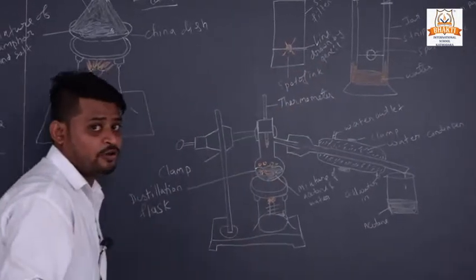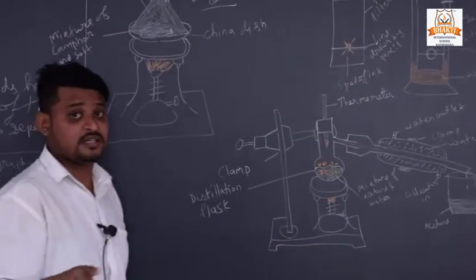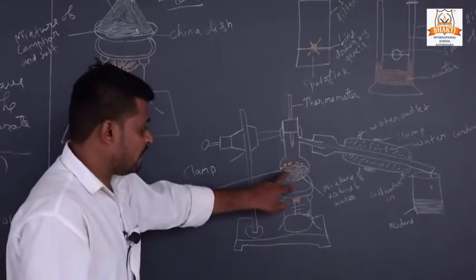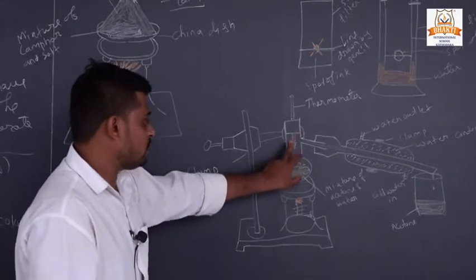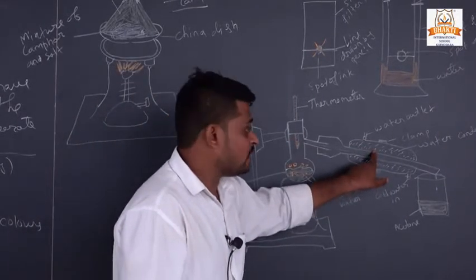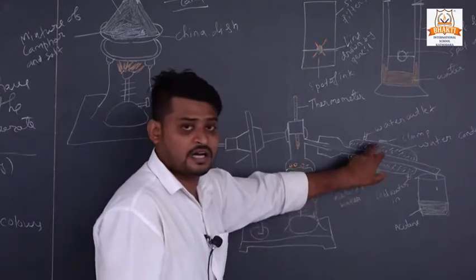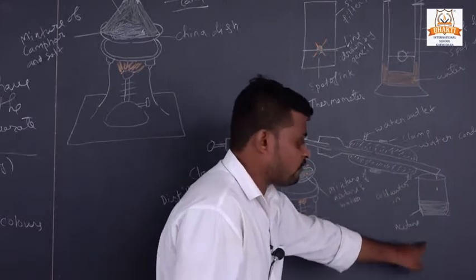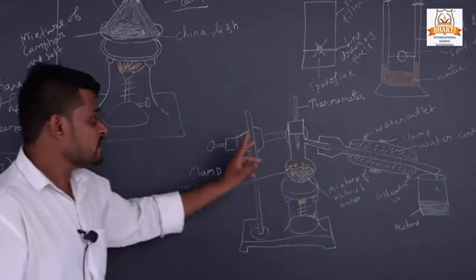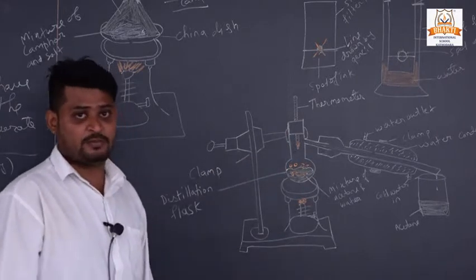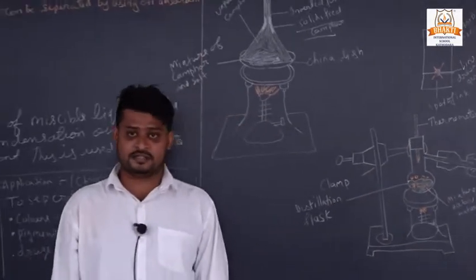The boiling point of acetone is less than that of water, so the acetone vaporizes first. Cold water condenses the hot vapor, and it converts again into liquid form. From this method we separate water and acetone by the process of distillation.